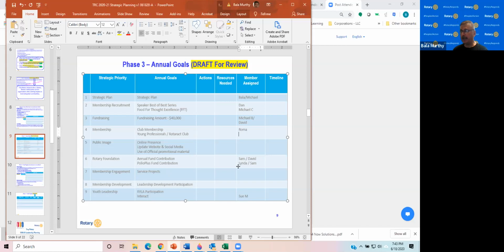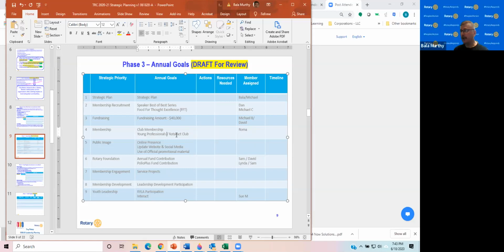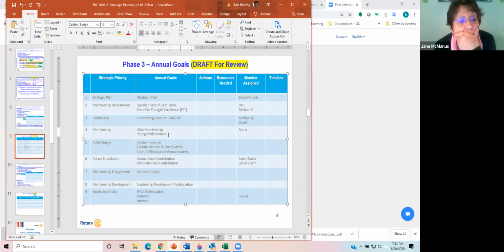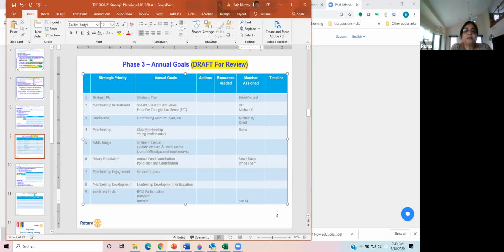One is Interact, and I put that under the youth leadership with Sue M. And here we have young professionals. In fact, I'm going to take that out there and put it here, because that fits. So who would take on the lead for young professionals? I thought you had Jacob already on that. Okay, we'll put Jacob there.